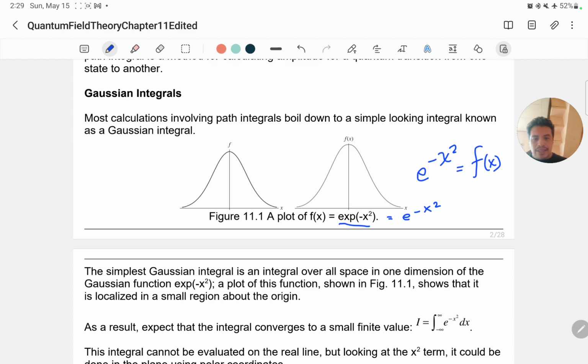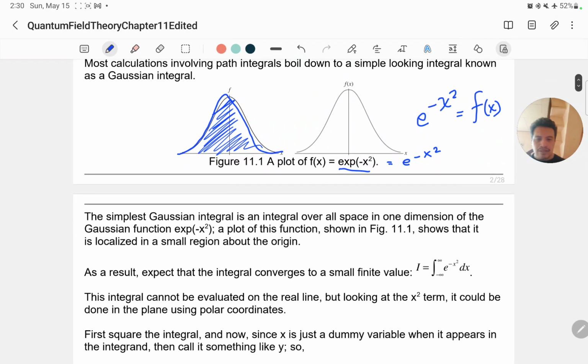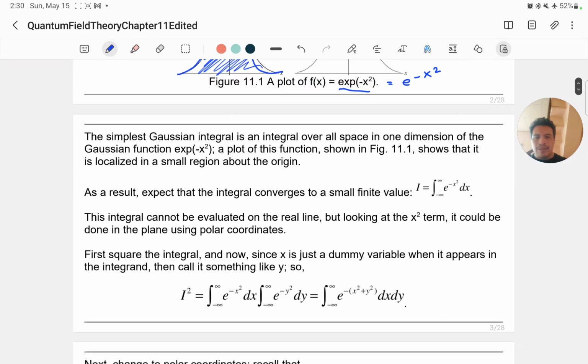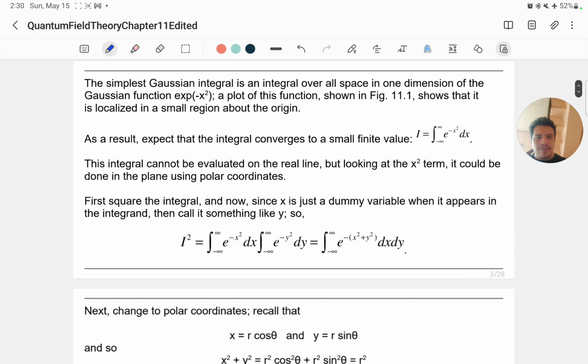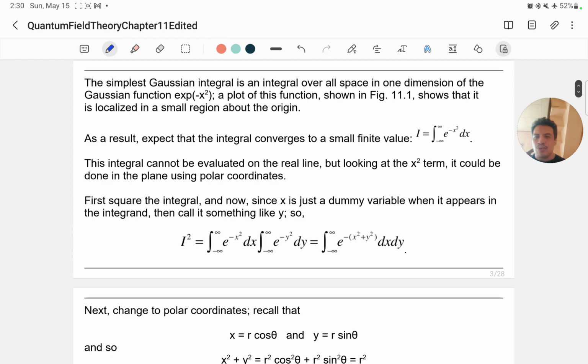So here the plot is very localized. It is like a bell again, and we can actually compute its area under the bell. However, this is a little difficult, but they managed to solve it using polar coordinates.